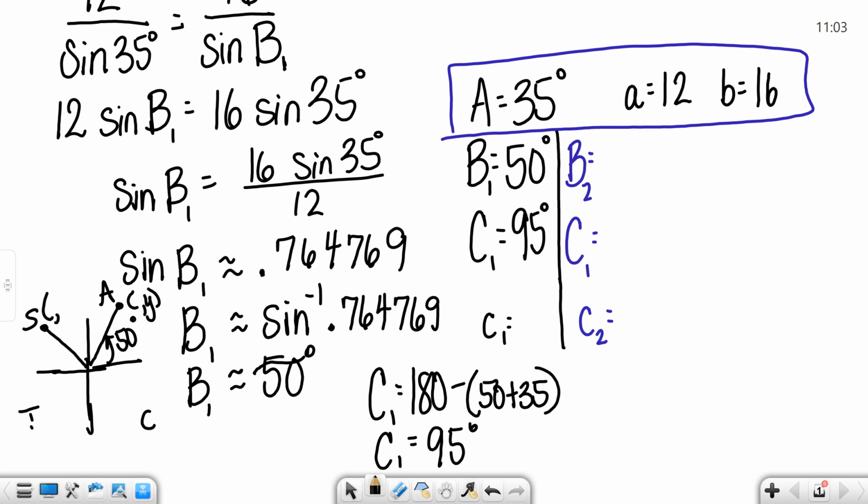This y value is the same as that y value. So if I use a reference angle of 50, then that whole angle in the second quadrant would be 130. So 130 degrees is my other option for angle B.